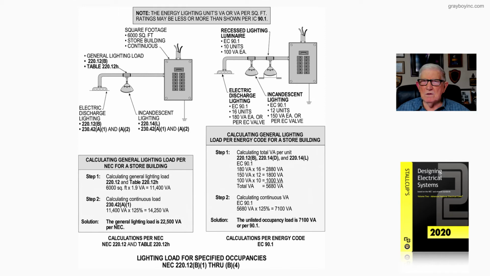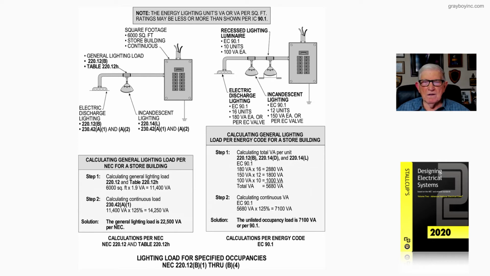But you want to check this out now with authority having jurisdiction, because they may look at the 6,000 at 1.9 VA, 11,400, then they take 6,000 at 125%, and they take the larger of the two, as illustrated in the Annex D, in the back of the code.